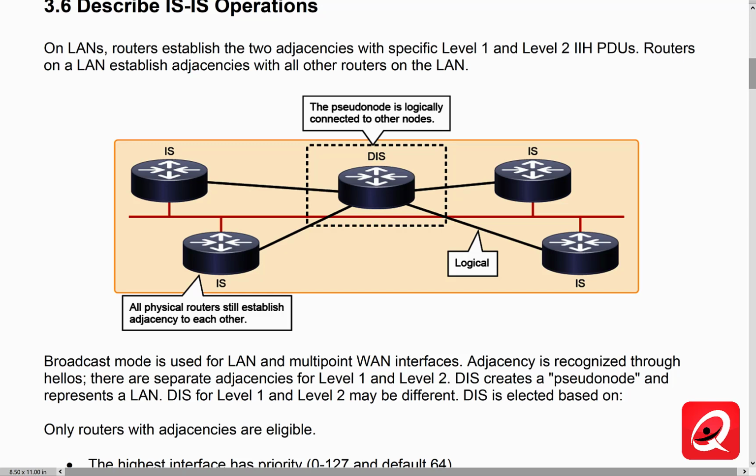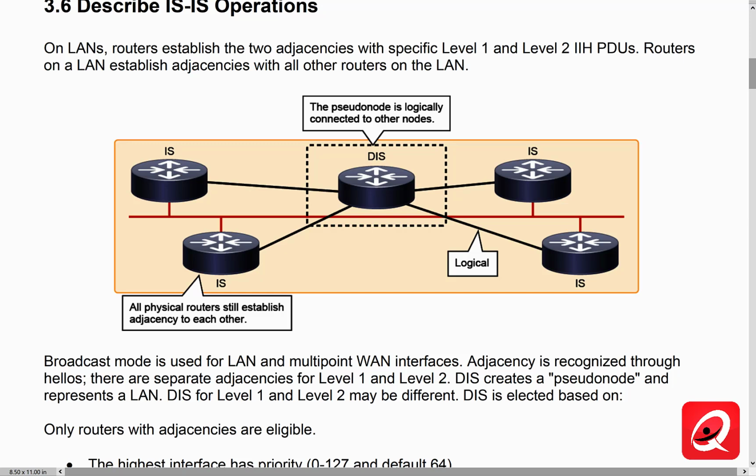Let's say that we have these 5 routers in our LAN. These routers need to send hello packets to each other when they see the routers, and they will become neighbors, okay? So even though the black line represents a logical representation, the red line represents the broadcast domain that we have configured here.